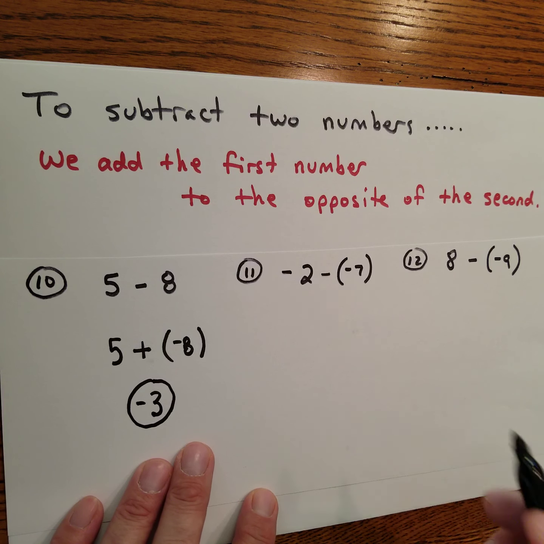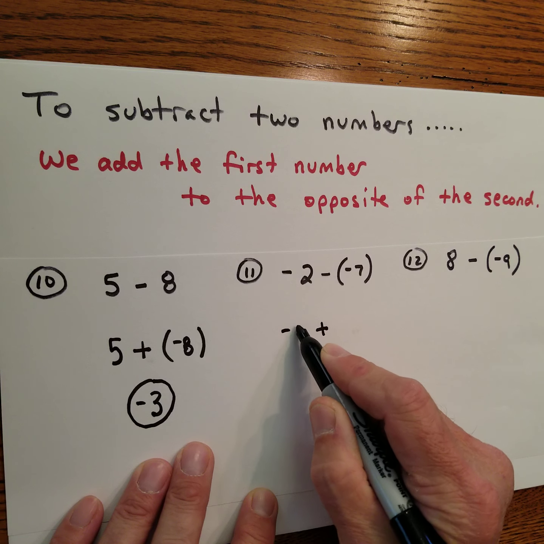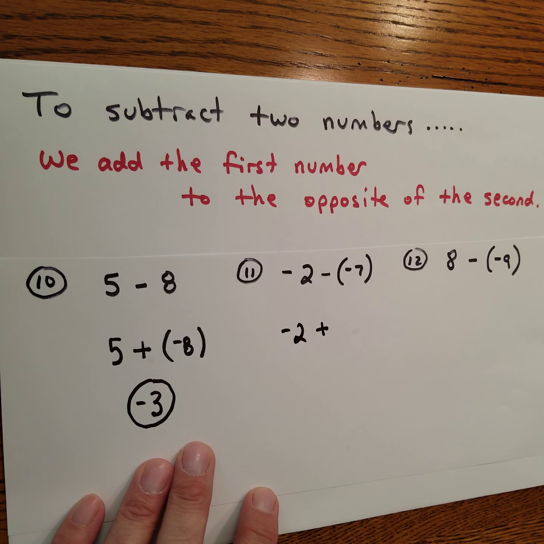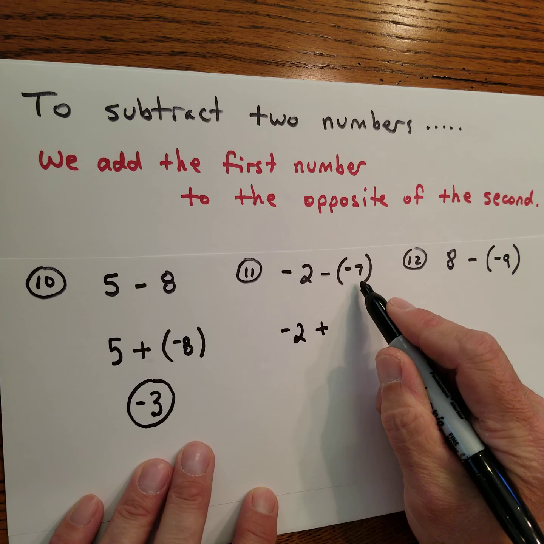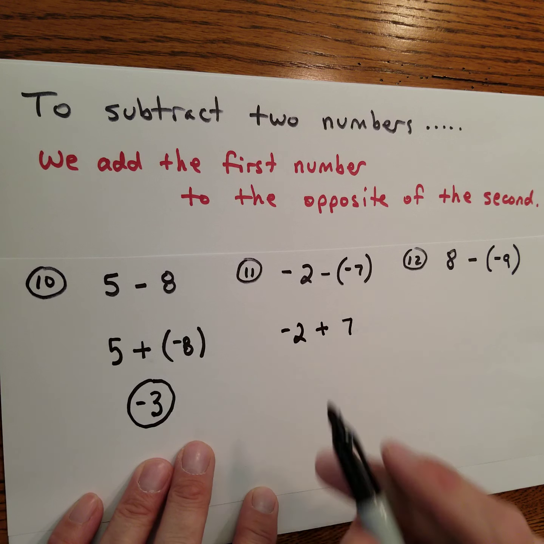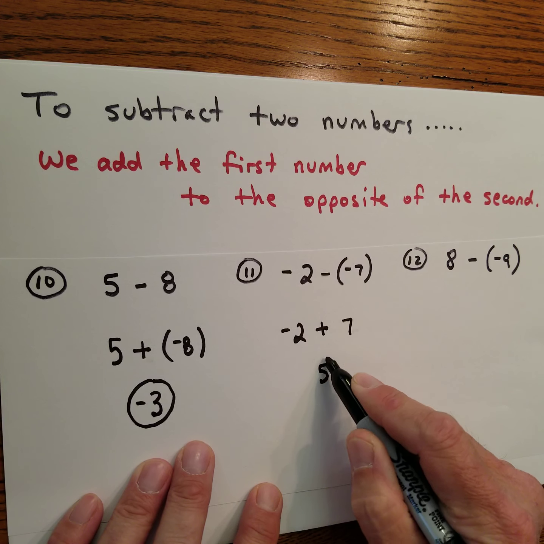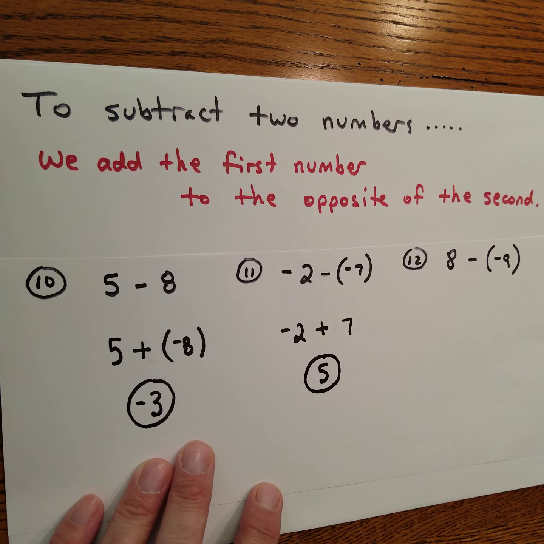For number 11, change subtraction to addition of the first number and the opposite of the second number. The opposite of a -7 is a +7. Now I've got different signs, so subtract and take the sign of the larger number.